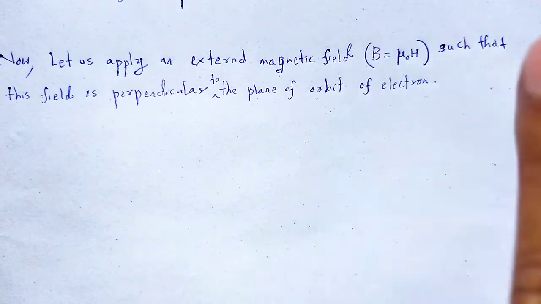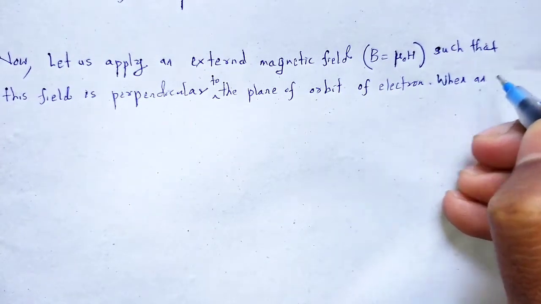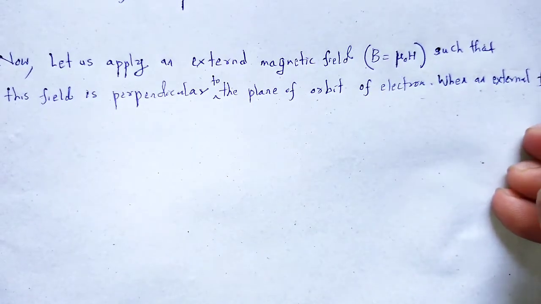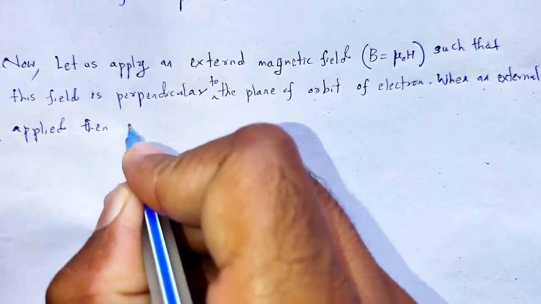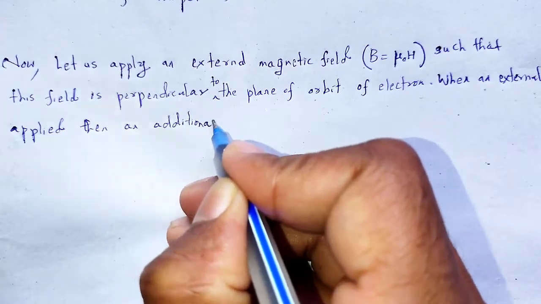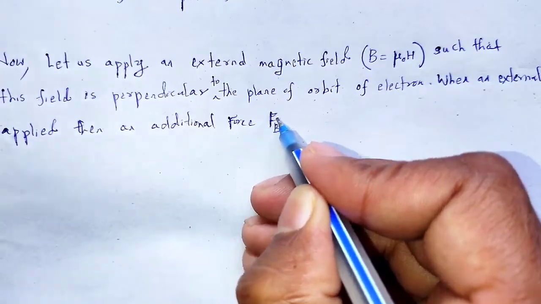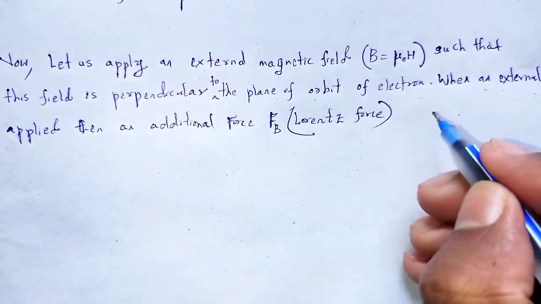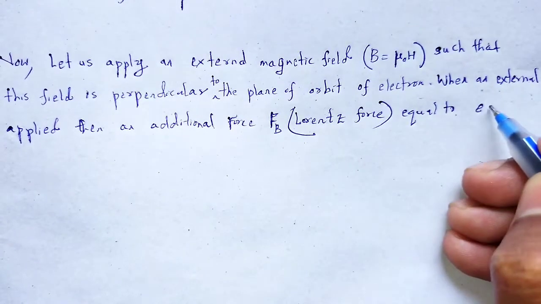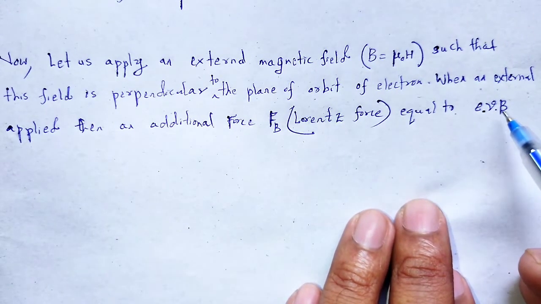And when that external field is applied, then an additional force acts on it due to the Lorentz force. When an external field is applied, then an additional force F_B, and that force we say is the Lorentz force, which is equal to e v B, charge into velocity into magnetic field.